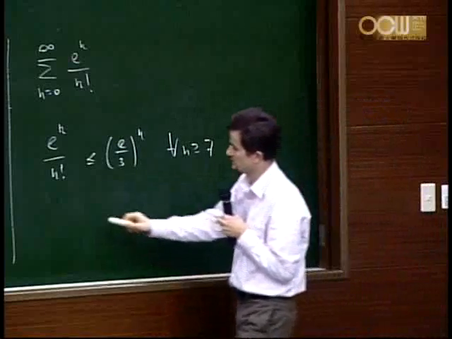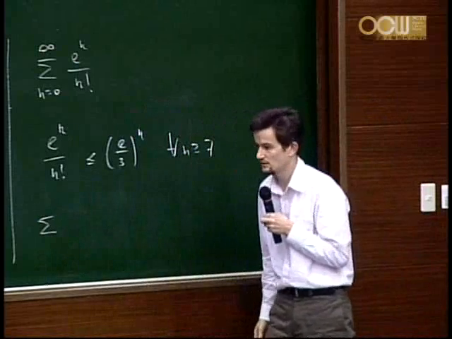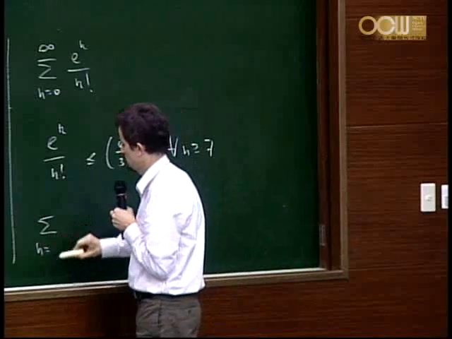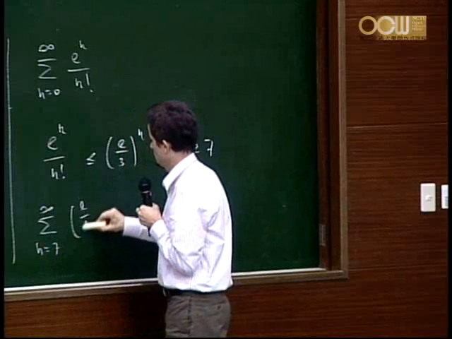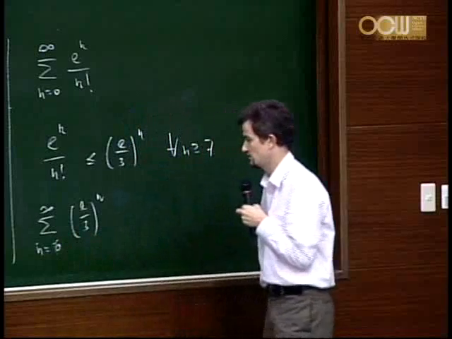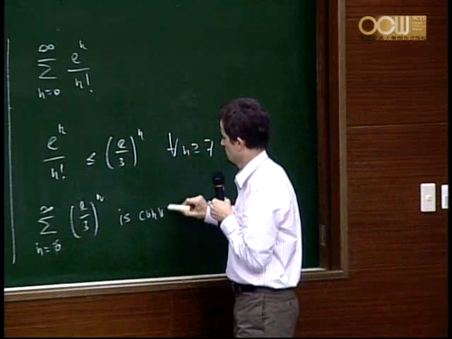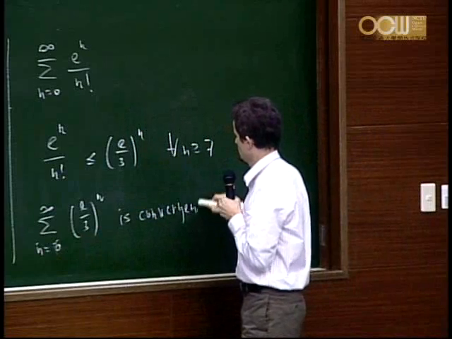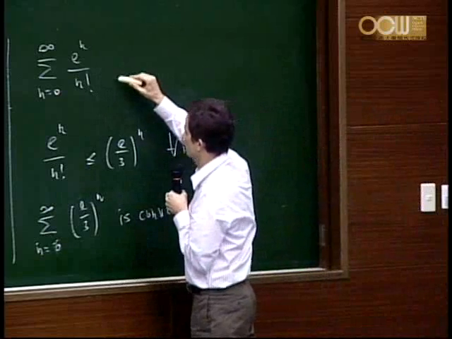And you see that this series, that's why I chose 3 here, because 3 is larger than e, actually I can let the series start from 0, this series is convergent. Now I can use the comparison test and I will get that this series is convergent as well.